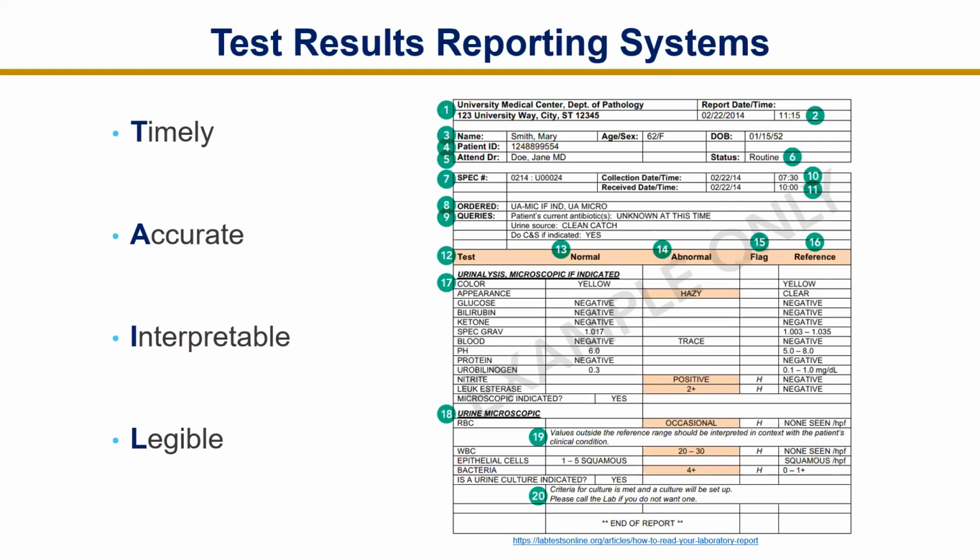And I'm a strong proponent that a lot of thought should be given to the format, the reporting outline and layout, basically to make sure that it is understandable and interpretable and legible and accurate, and also that it is delivered in a timely manner.